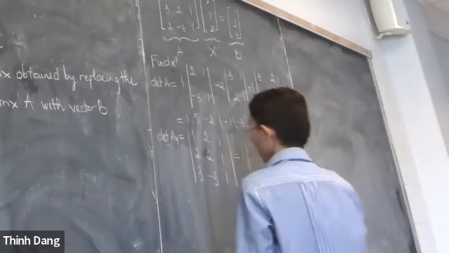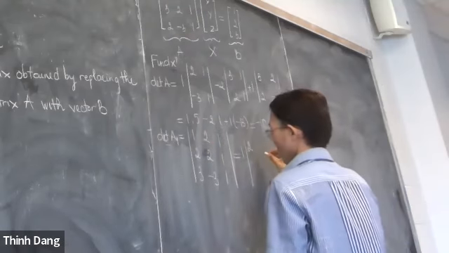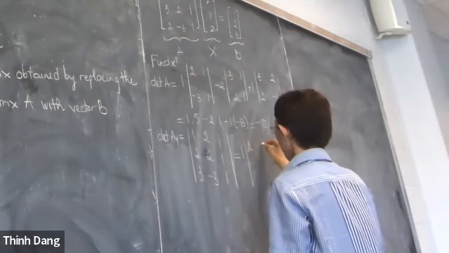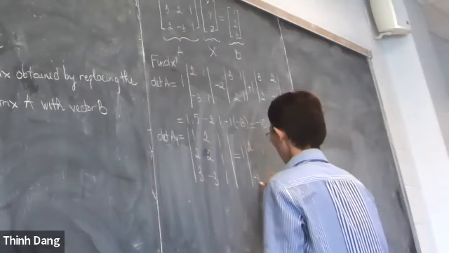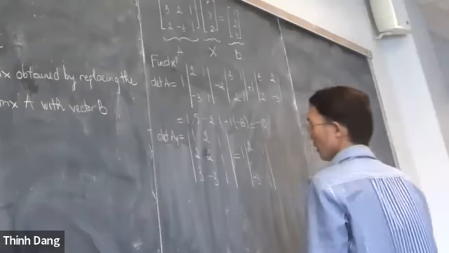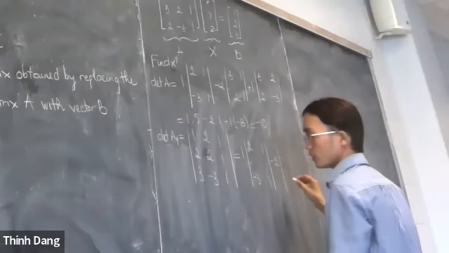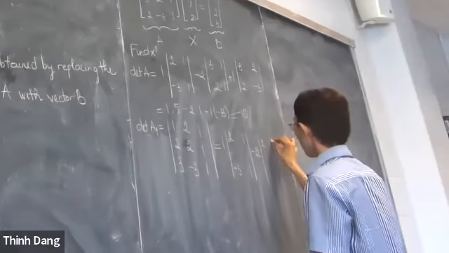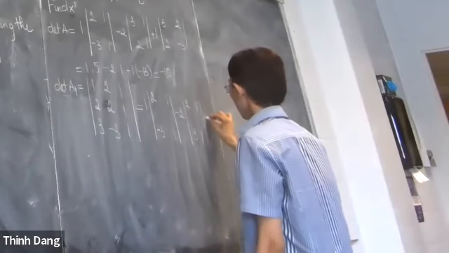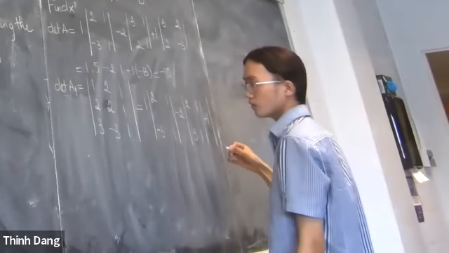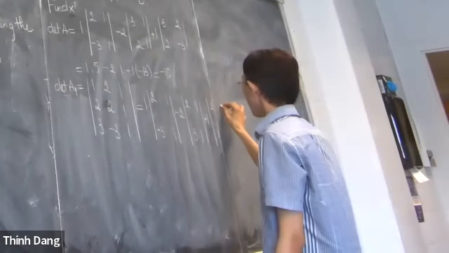So we should have 1 multiplied by the determinant of 2, 1, negative 3, 1, minus 2 multiplied by the determinant of 2, 1, 3, 1, and plus 1 multiplied by the determinant of 2, 2, 3, negative 3.